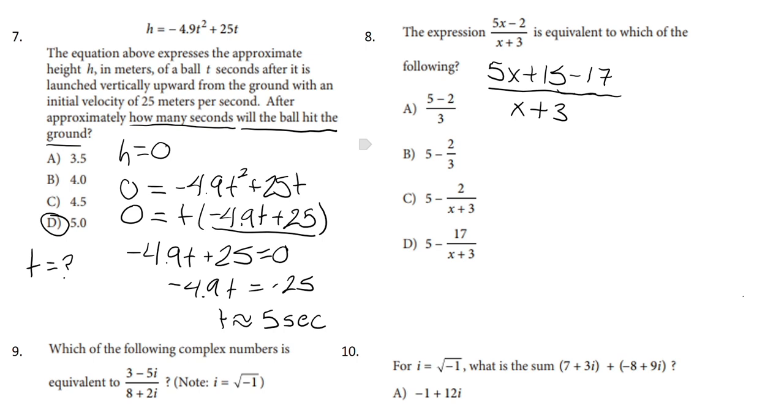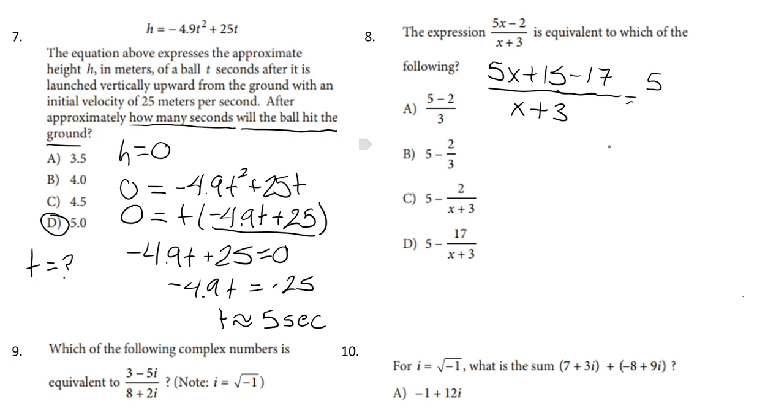So what we did here, we are actually allowed to do. Negative 2 is 15 minus 17, so we can make that change. For the next step, we're going to split up the fraction. We're going to put the first two terms over x plus 3, and then we're going to have minus 17 over x plus 3.